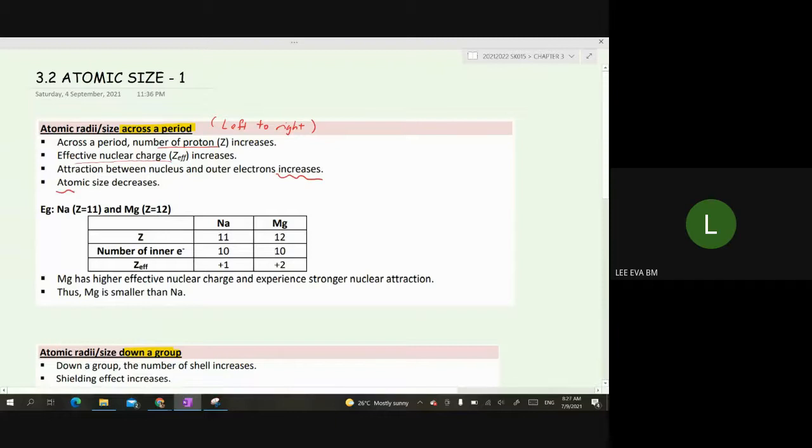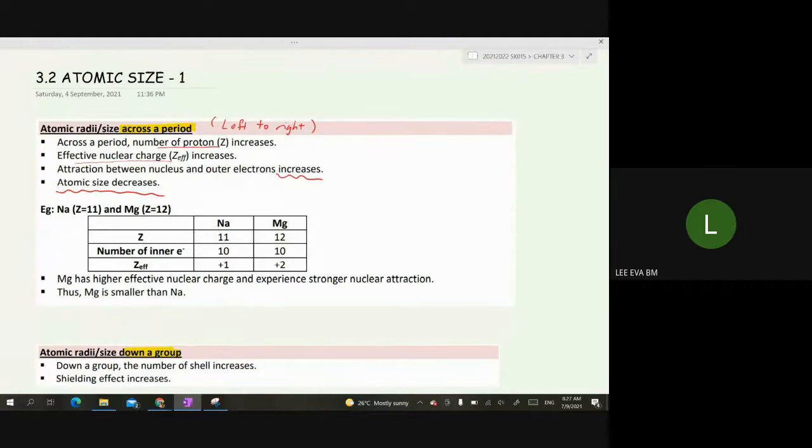Therefore the atomic size or atomic radius will become smaller, will decrease. So across the period from left to right, you will see the atomic size getting smaller and smaller. Contoh daripada group 1 kita ada sodium sampailah argon, dia akan jadi makin kecil. Okay, so atomic size decreases.